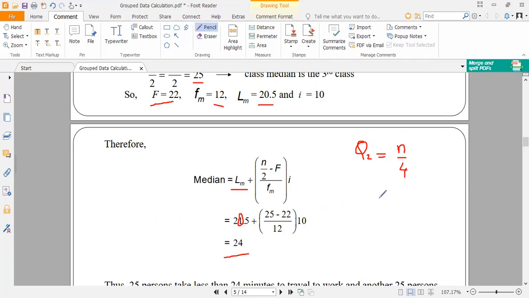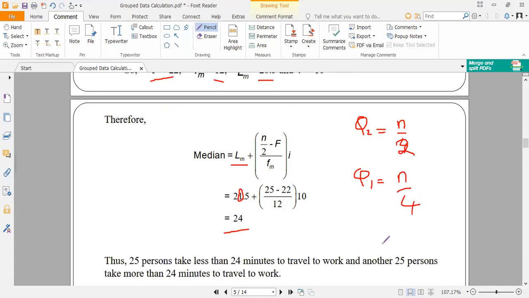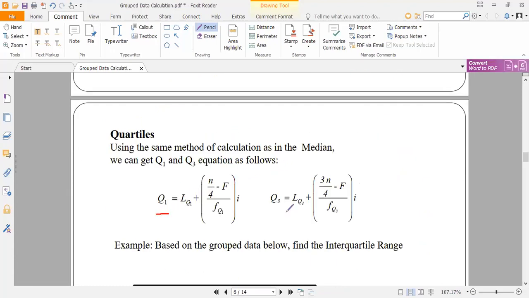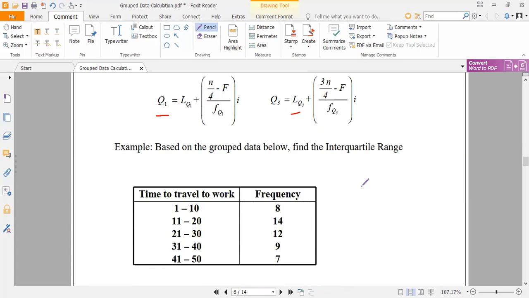Then Q1 is n over 4. And Q3 is 3n over 4. So the same procedure: let's try to use this, find the Q1, then you also find the Q3.